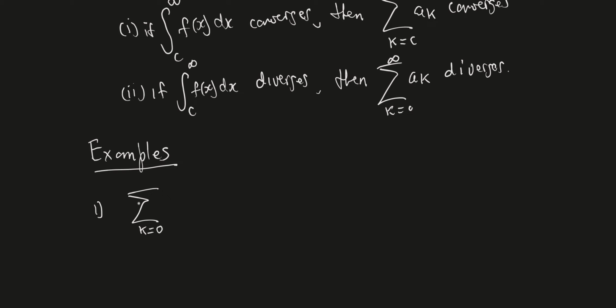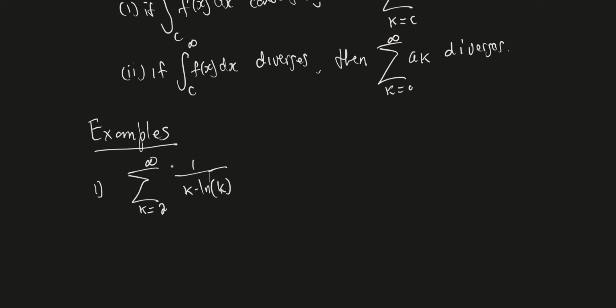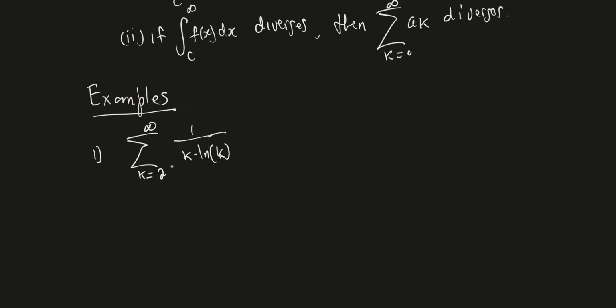So let's take a look at this. Actually, for emphasis, let's say this series goes from k to infinity, and it's 1 over k times the natural log of k. Let's see if we can determine the convergence of this by comparing it to the corresponding improper integral.